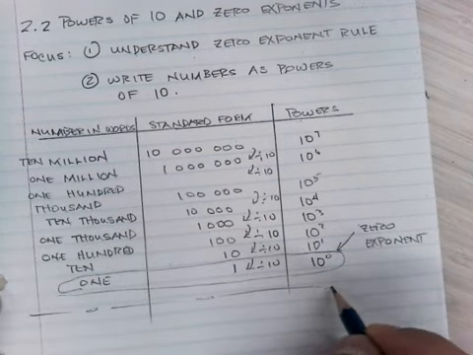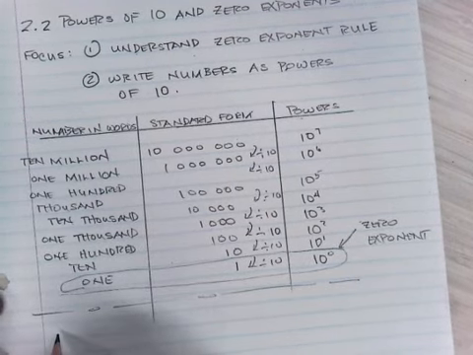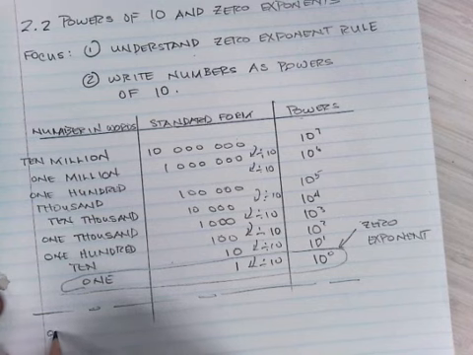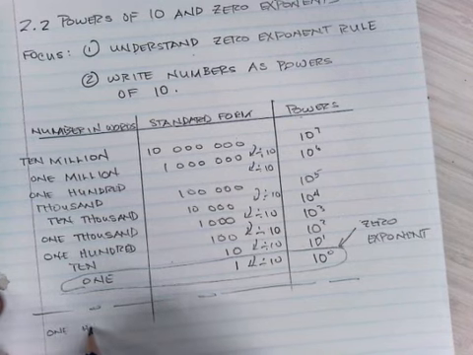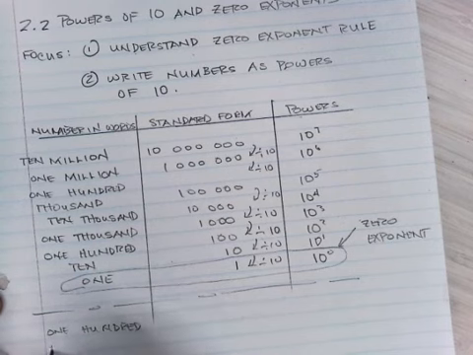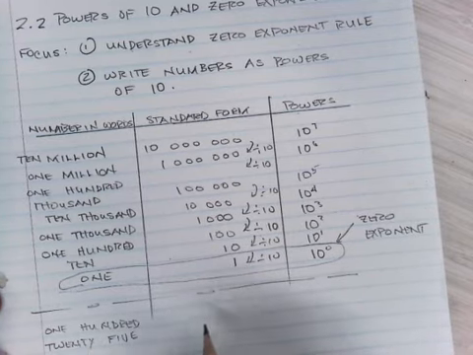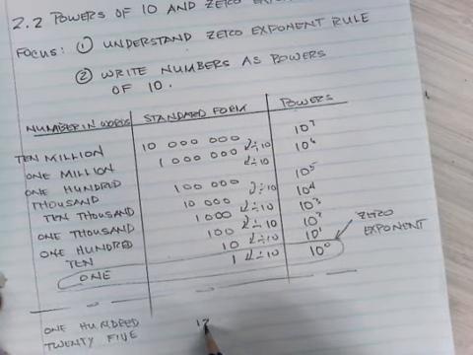Let's start a new chart here. Let's say 125. Takes longer to write it as a word than it does to write it as standard form.